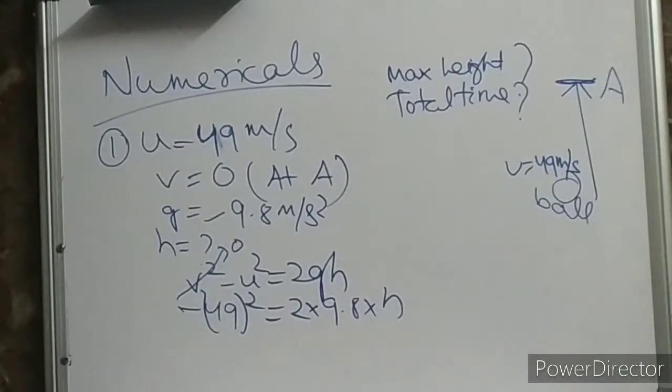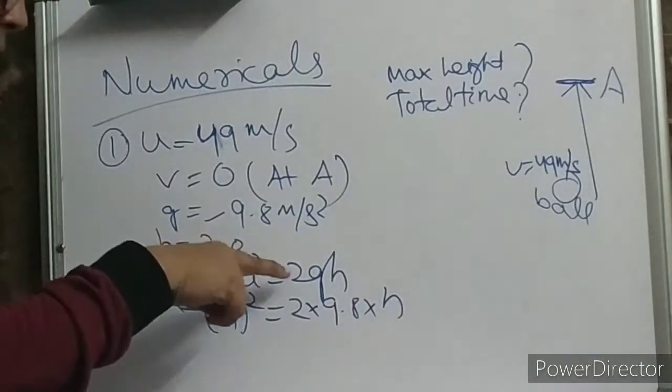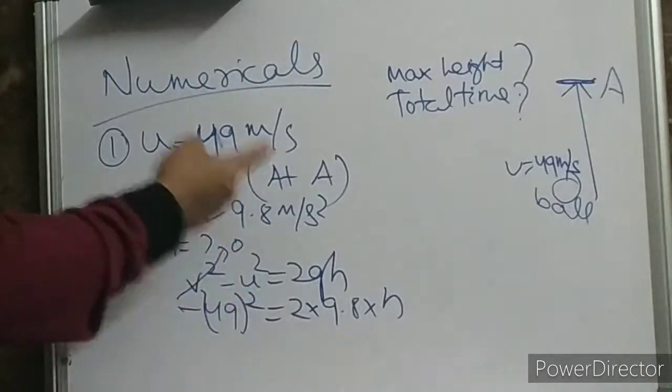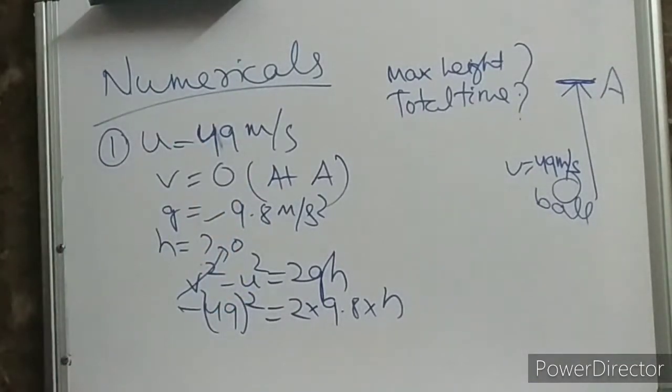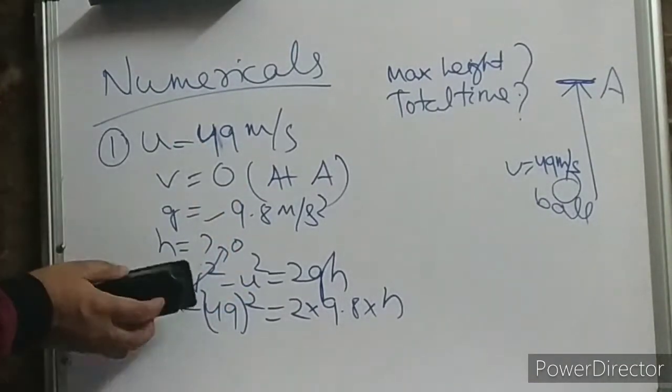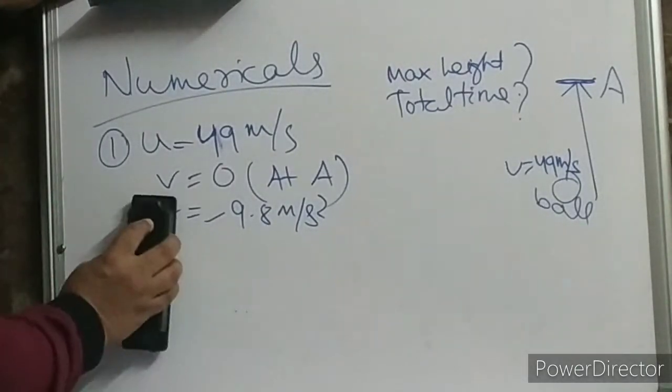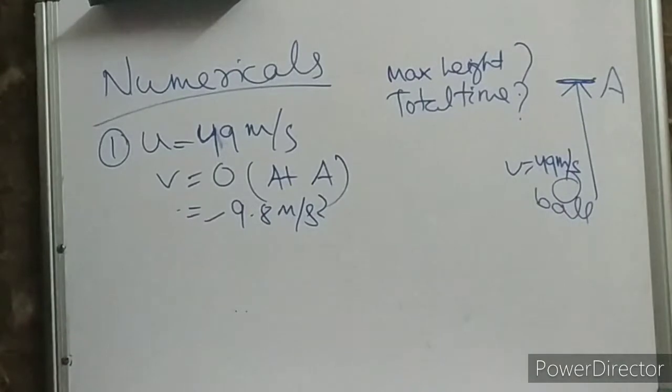Please, children, tell me where I am going wrong. Here there has to be a minus sign because it is going up. Okay? Let me change now.